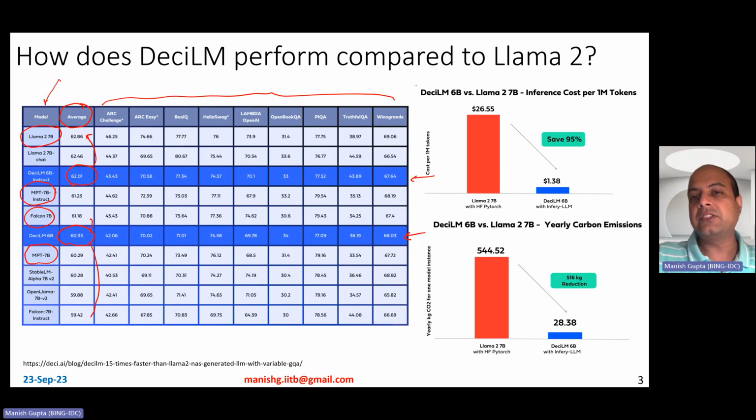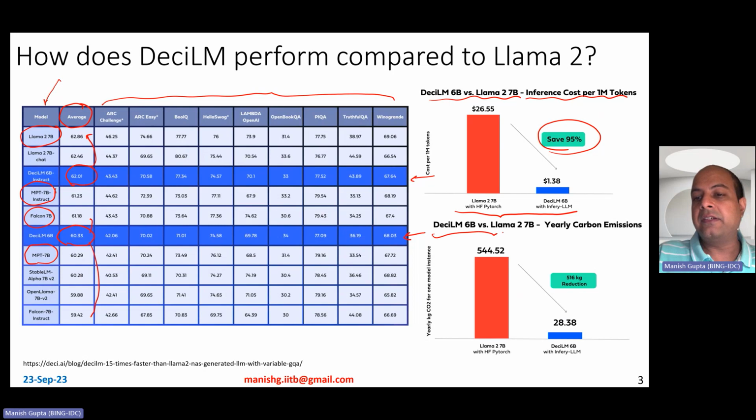There are other comparisons. This is a comparison of DeciLM versus Llama 2 inference cost per 1 million tokens, which of course assumes a particular kind of GPU and so on. But as you observe, if you compare fairly with Llama 2 7 billion, DeciLM can potentially save up to 95% of costs when doing inference.